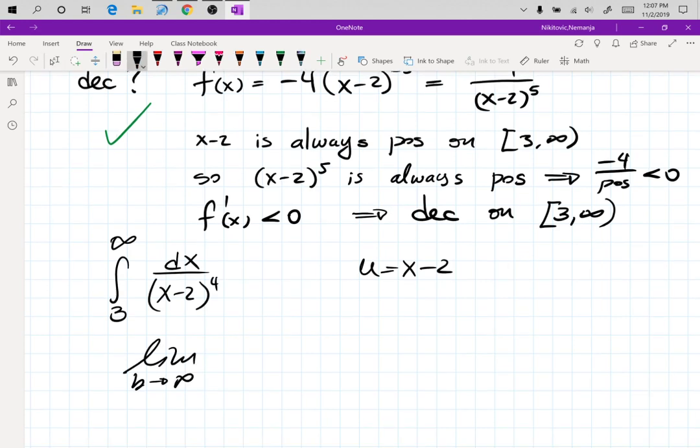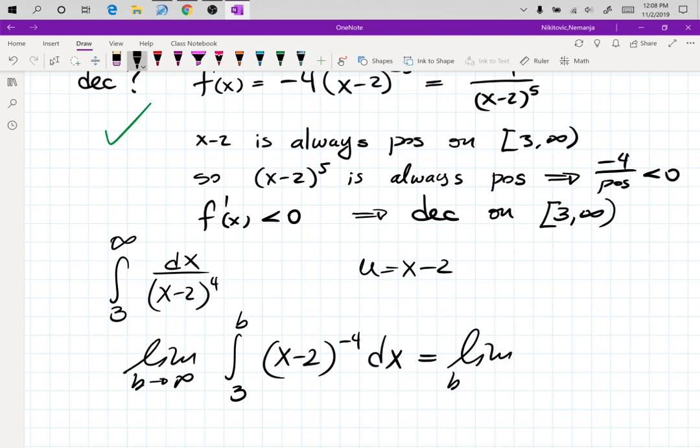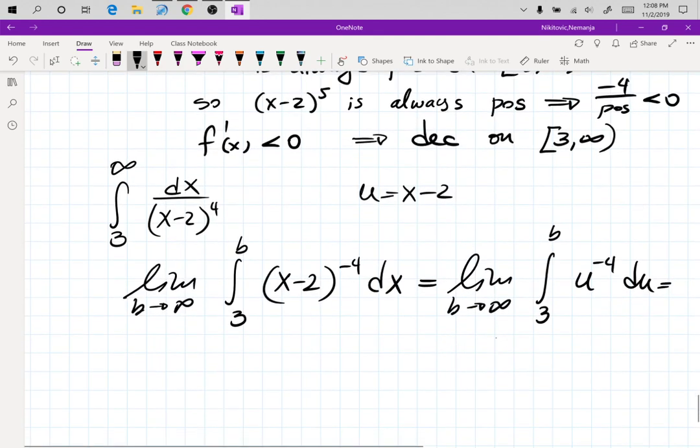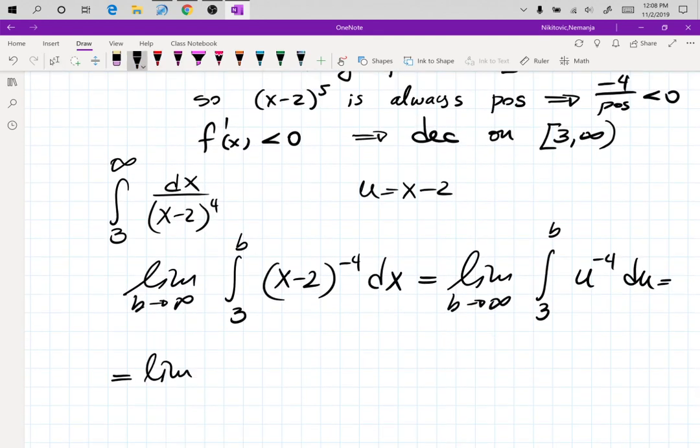As b goes to infinity, the integral from 3 to b of x minus 2 to the negative 4 dx changes into the limit as b goes to infinity of the integral of u to the negative 4 du, which is the limit as b goes to infinity of u to the negative 3 over negative 3.